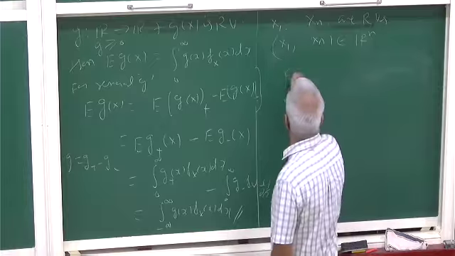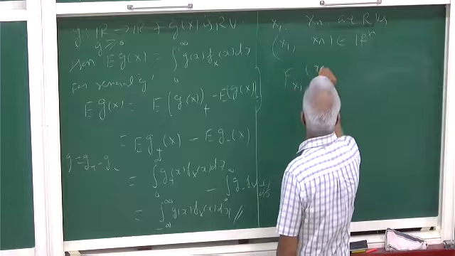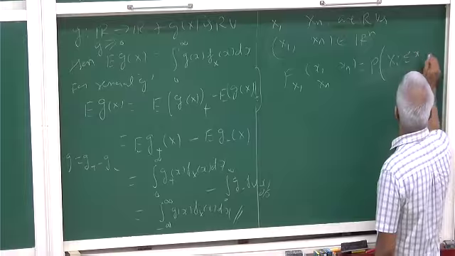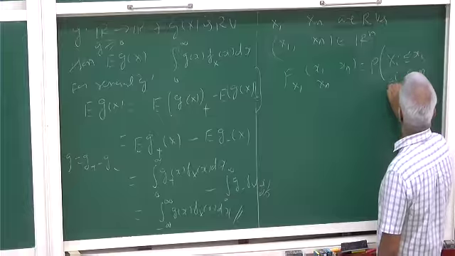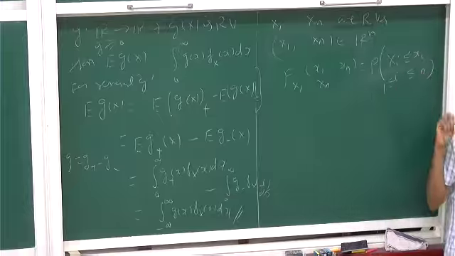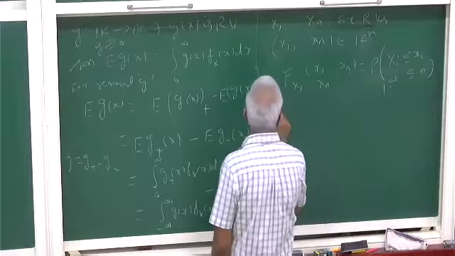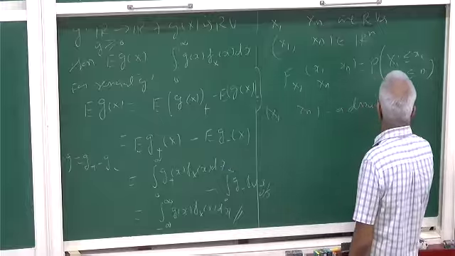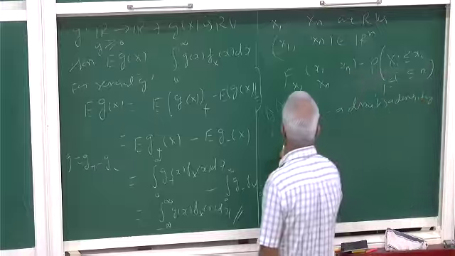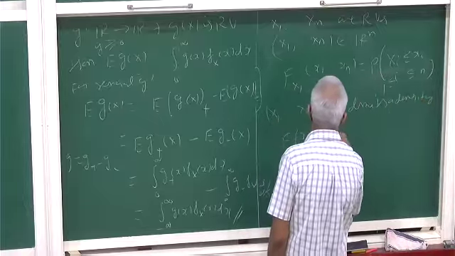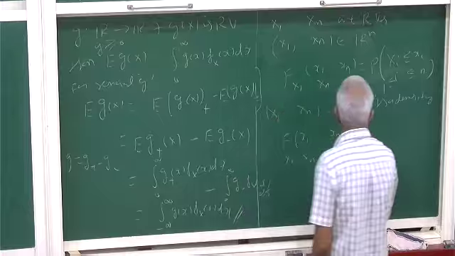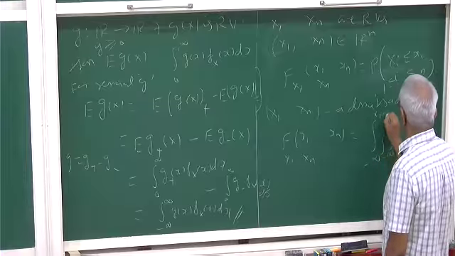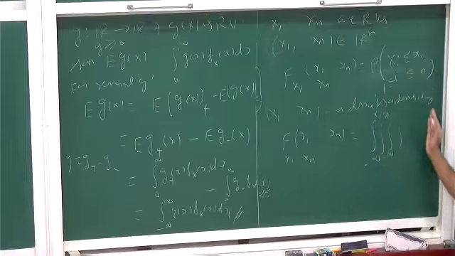Then we defined F of X1 up to Xn at (x1, ..., xn) as equal to the probability of Xi less than or equal to xi, for i between 1 and n. So we defined it for 2, and for n things we can define it. And we say that X1 up to Xn admits a density if this F equals the integral, like a double integral, you can define an n-fold integral.